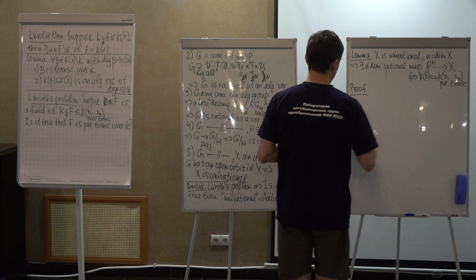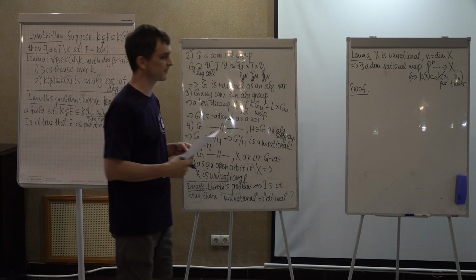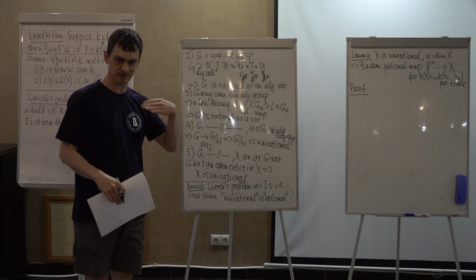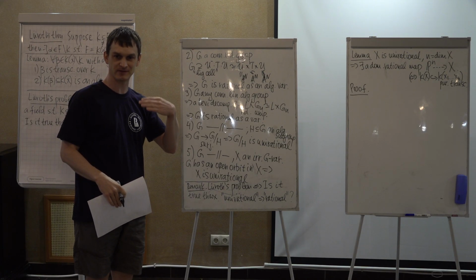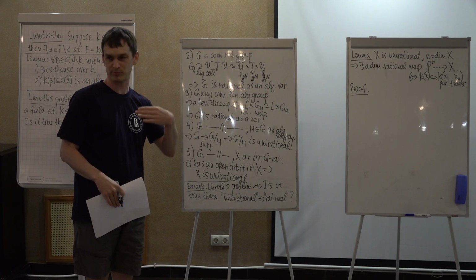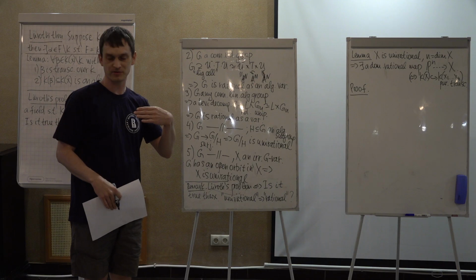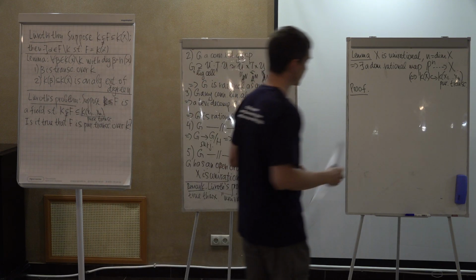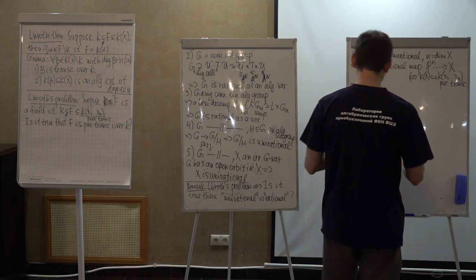So the proof uses a very simple idea. We can just successively reduce the dimension by choosing an appropriate hyperplane in P^N, for which the restriction of the morphism will still be dominant. So how to do this?